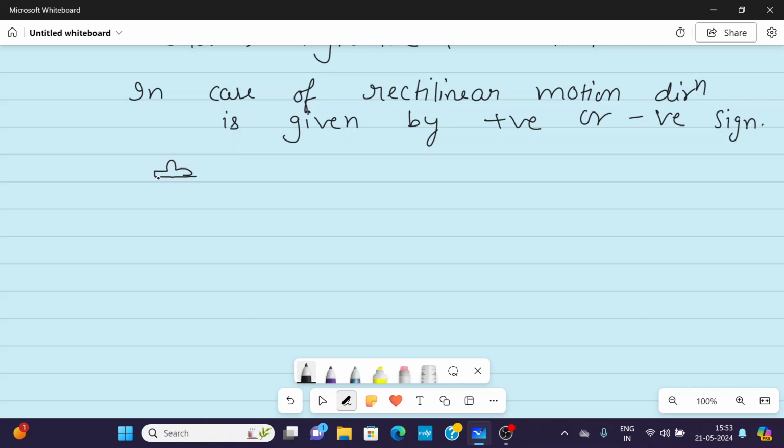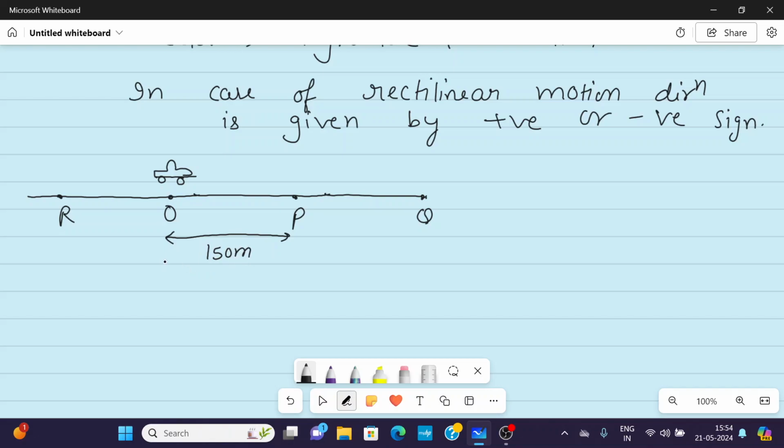Consider this is a car which is moving along a straight line, and this is a reference line which coincides with the path of motion of car, and let us take this is origin, which is starting point of car, and P, Q and R are the positions of car at different instant of time during the course of motion, and the distance between O and P is 150 meter, and the distance between O and Q is 400 meter, and the distance between O and R is 120 meter.